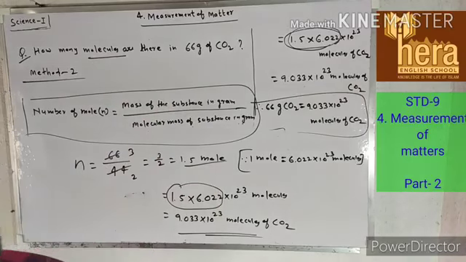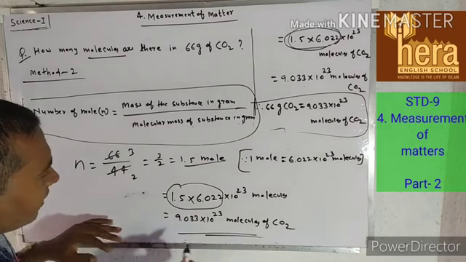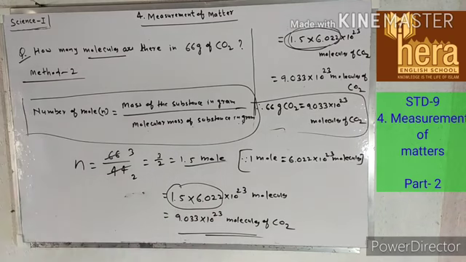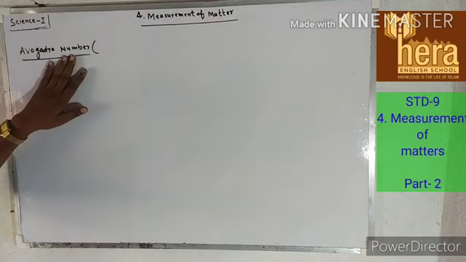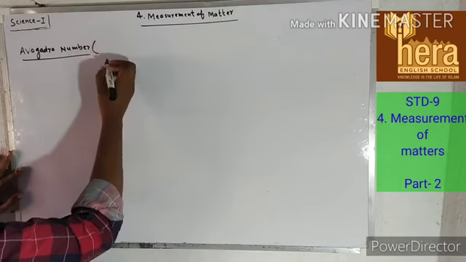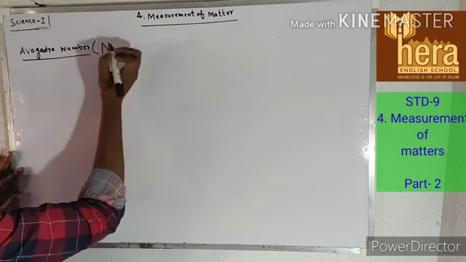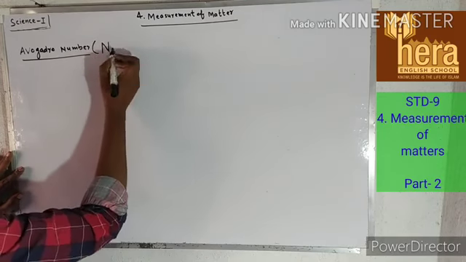So now the next topic I will take. Listen. This is one thing I will explain. Avogadro number. It is represented by capital N and small a.